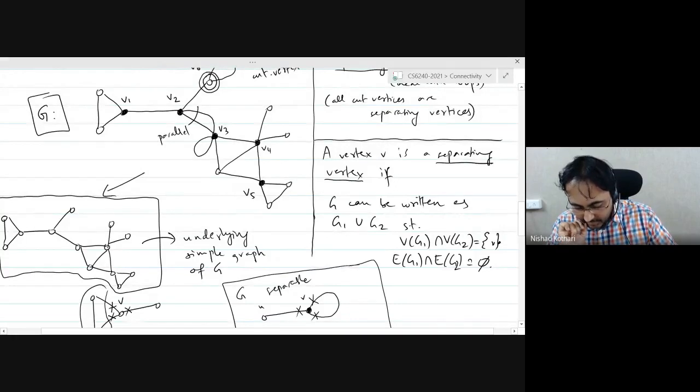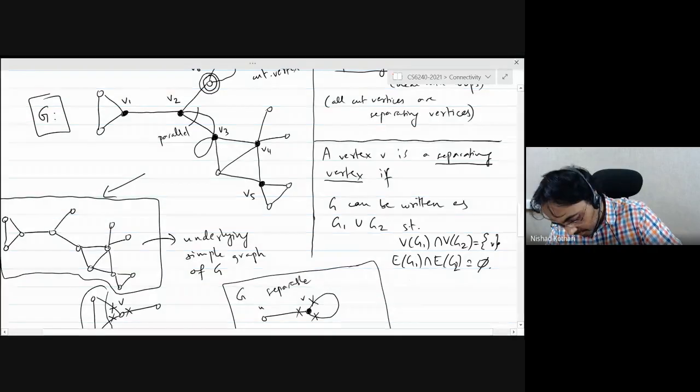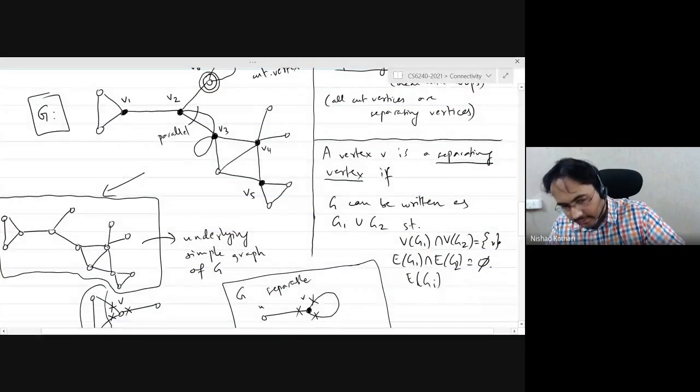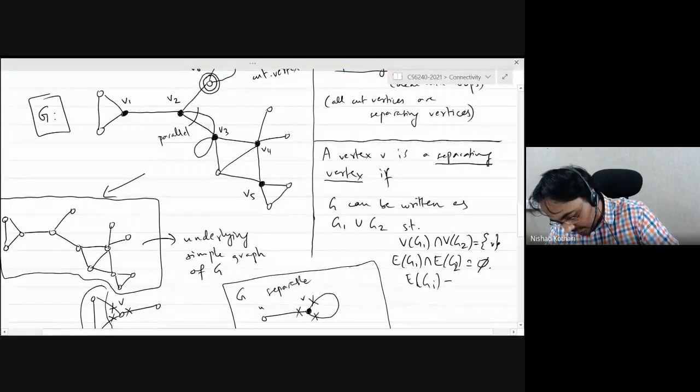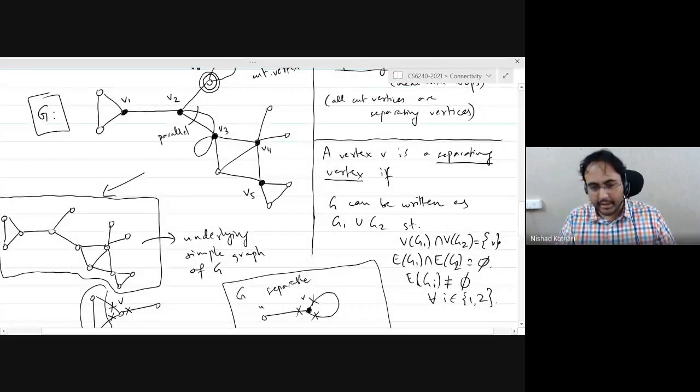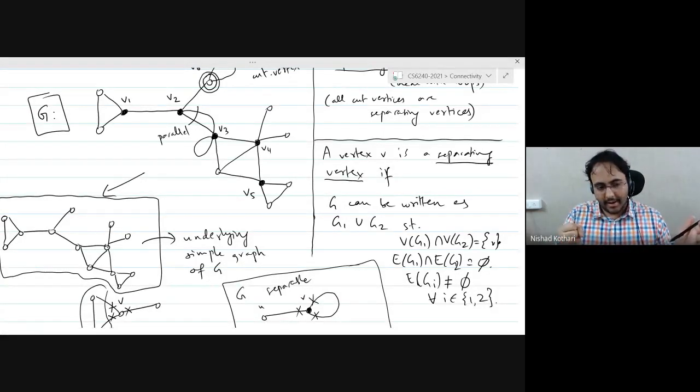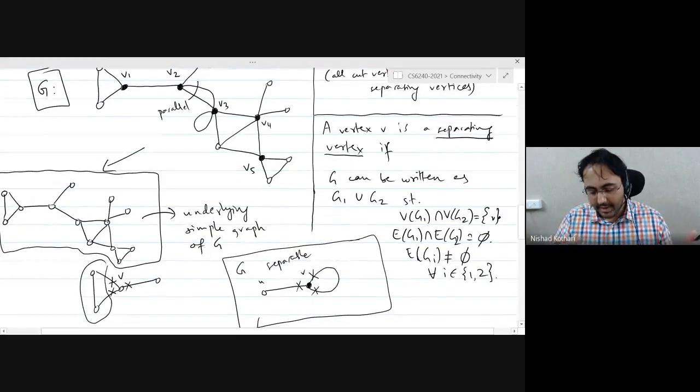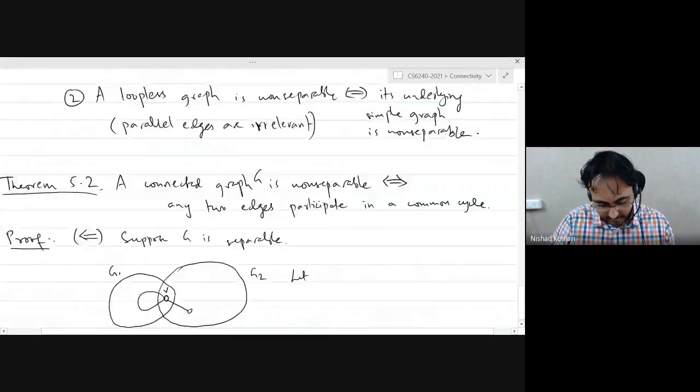I need there to be at least one edge in each of these Gi's, so the edge set of Gi is not empty for i in 1 and 2. Otherwise, I can take the graph and union it with the same vertex, and that would be a separating vertex. So I need there to be at least something in the graph apart from the vertex. Okay, so sorry about that.